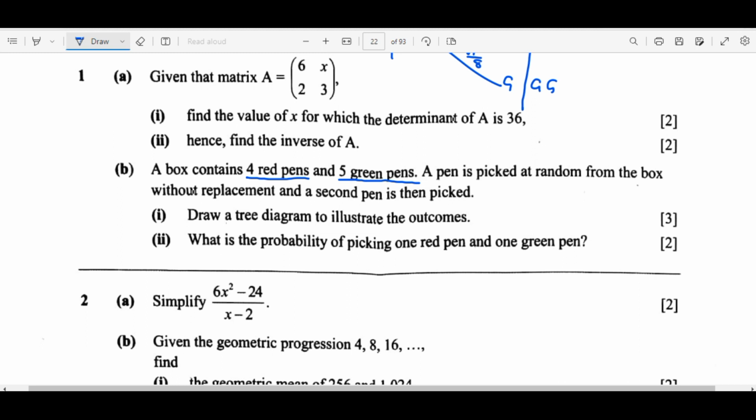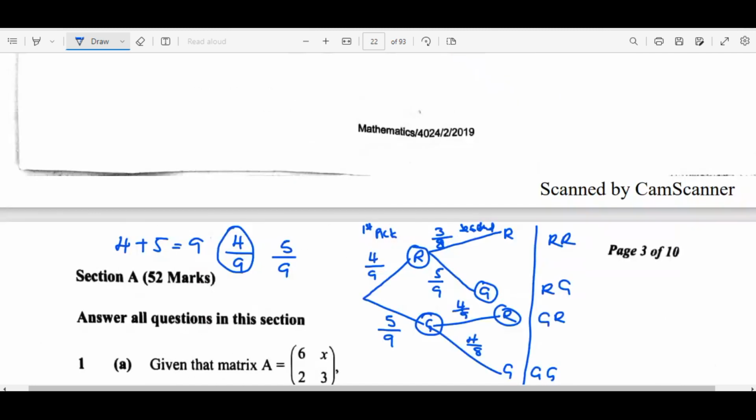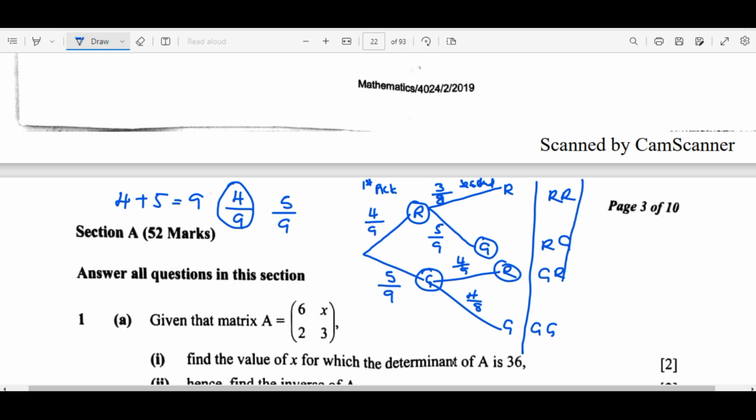So we would say the probability of picking one red and one green is equal to the probability of pen, red, green in brackets, plus the probability of picking GR.